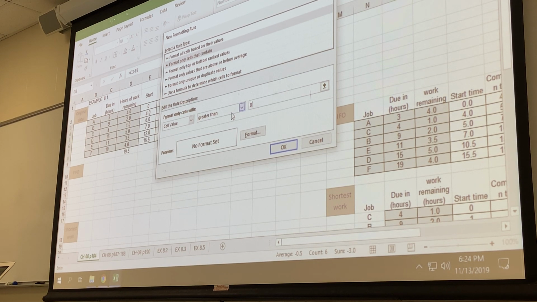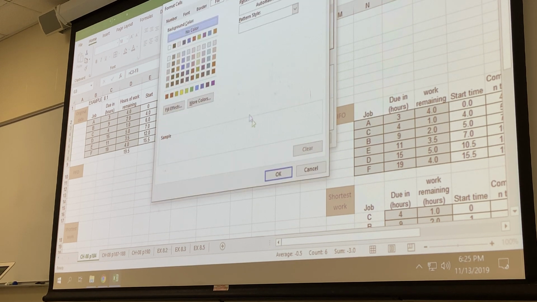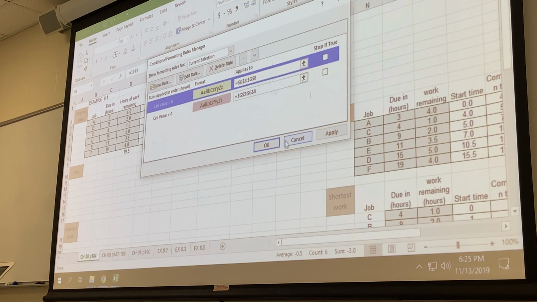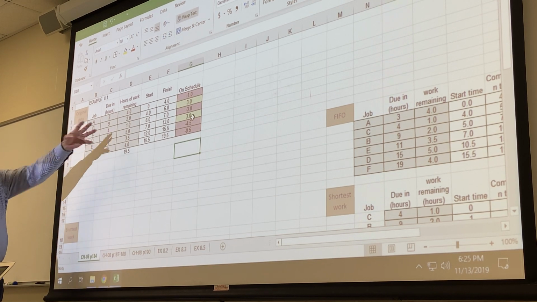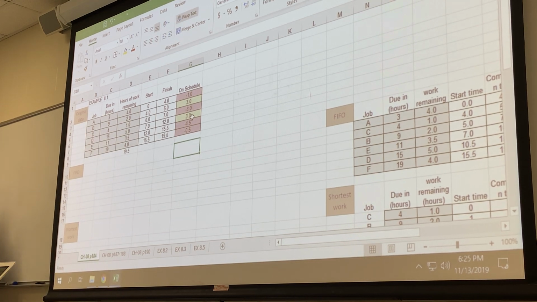In this case, where I made a negative a bad thing, I'm making a positive a good thing. And I'm going to give it some sort of a green background. So I was late on 4 jobs, and I was ahead of time on 3. I'm on time on 2. Okay? So that first in, first out, that's what it resulted in.